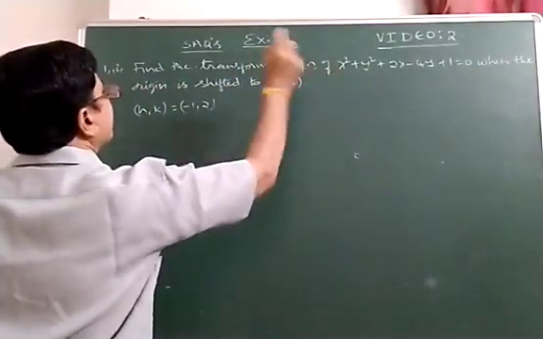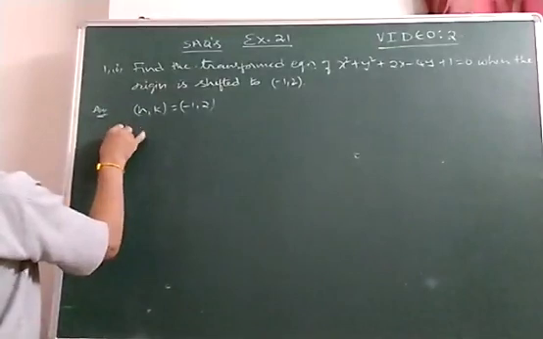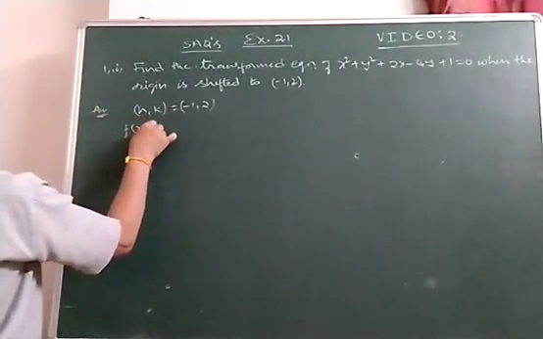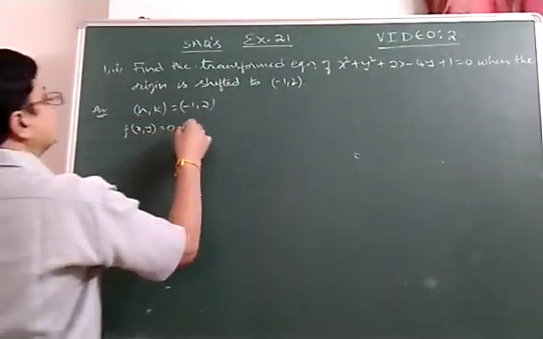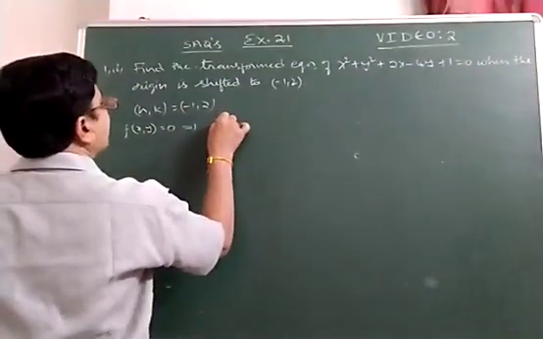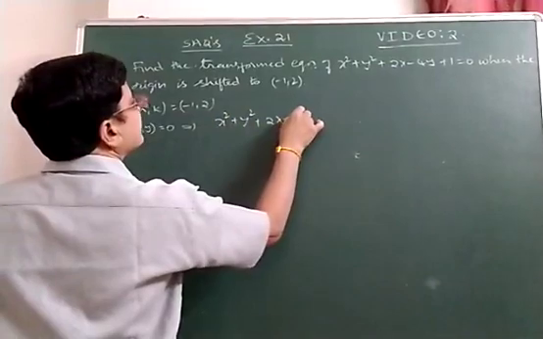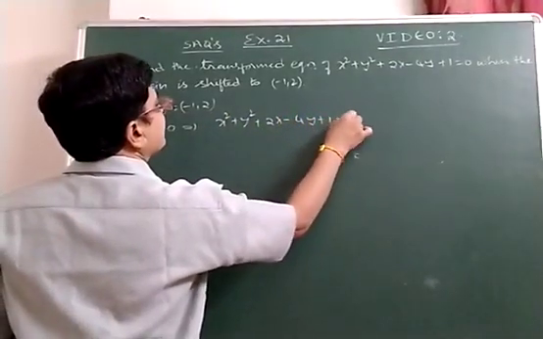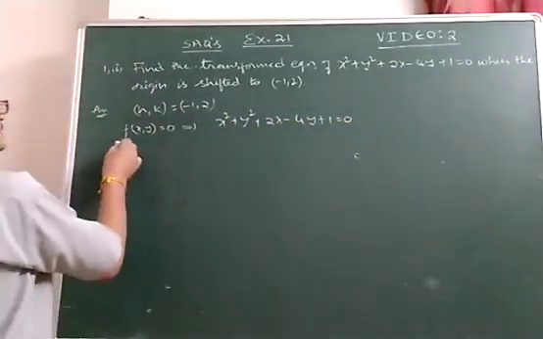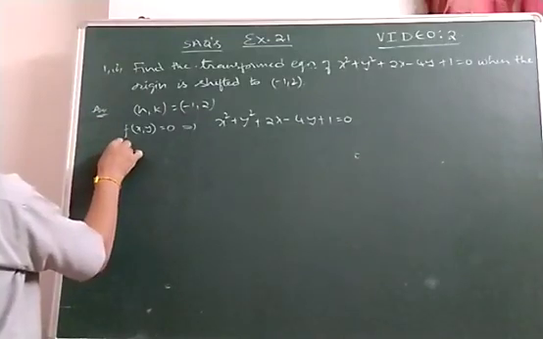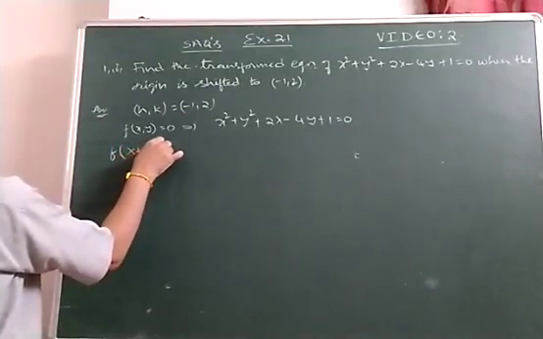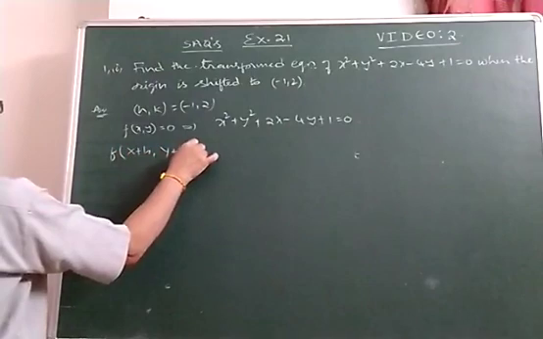This is the original equation f of x comma y is equal to 0, that is x square plus y square plus 2x minus 4y plus 1 is equal to 0. Then its transformed equation is f of capital X plus h comma capital Y plus k is equal to 0.